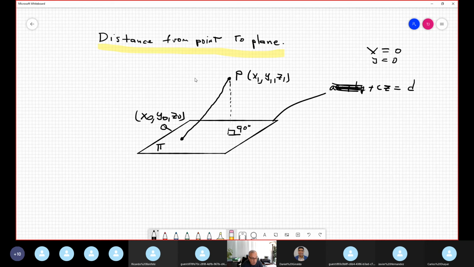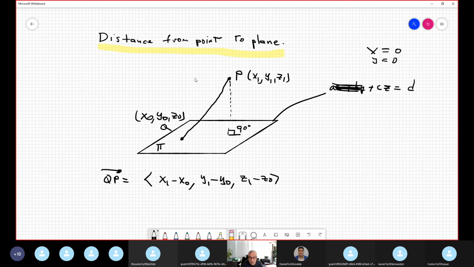Okay, so you will be able to find the QP vector. It is obviously x1 minus x null, comma, y1 minus y null, comma, z1 minus z null. Okay, super.